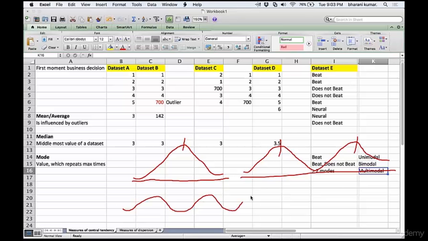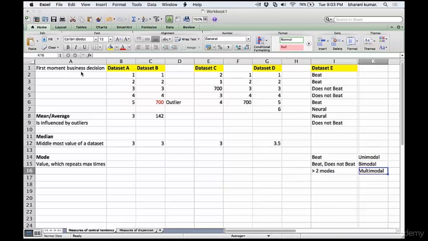And if you have greater than 2 modes, it is called multimodal. Three peaks. The measure of central tendency could be mean, median, or mode, but there will be only one peak. All right. This is the explanation pertaining to mean, median, and mode.